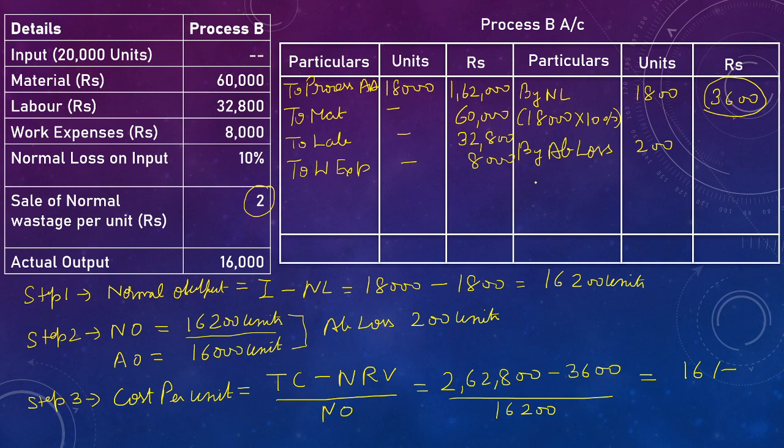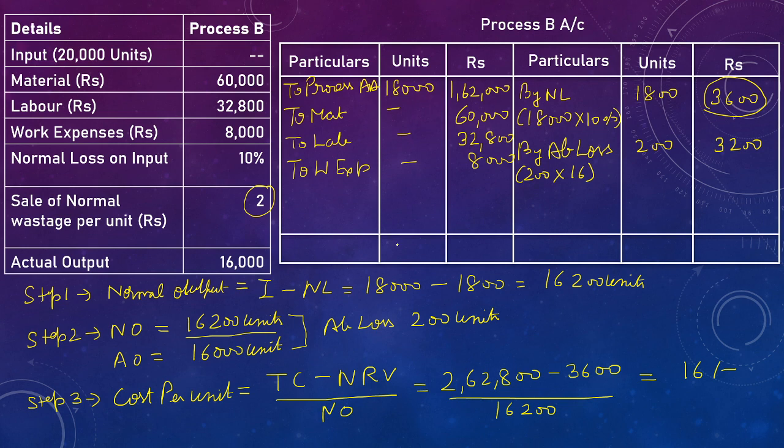Now we value our abnormal loss by multiplying 200 units with cost per unit, which is 16 rupees per unit. So here in amount column we have to write 3,200. Now the balancing value of process B is transferred to process C account.